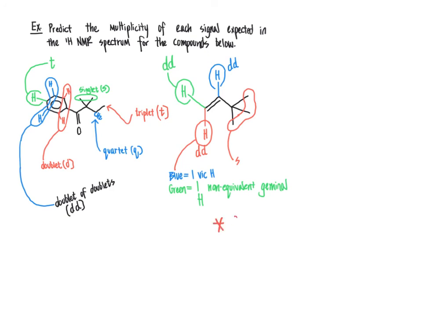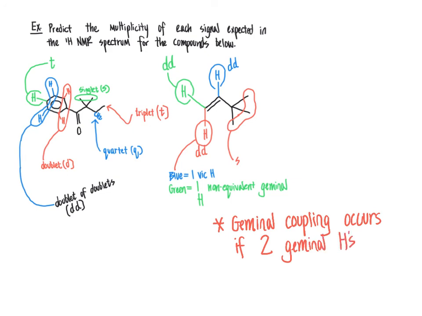So what we can observe here, just to summarize, is that geminal coupling, meaning geminal splitting of the signal, will occur if the two geminal hydrogens are non-equivalent, meaning they are in two different chemical environments permanently.